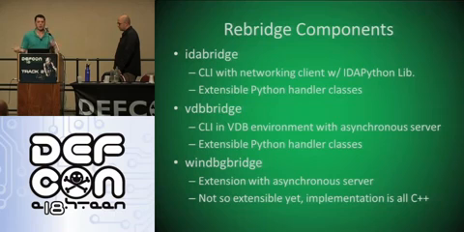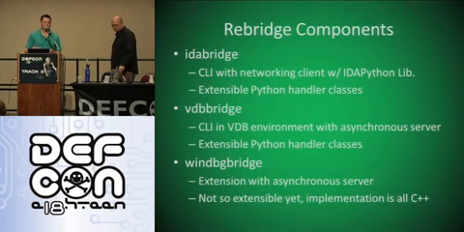And then we modified the IDAPython lib so that we don't have to rewrite everything in C or C++ to do the actual interfacing with IDA Pro. We can just rely completely on Python. That also gave us another win because we can extend our handler classes using Python. So if we want to add a new command, we just write a new Python class with the defined command elements, and then we just roll from there.